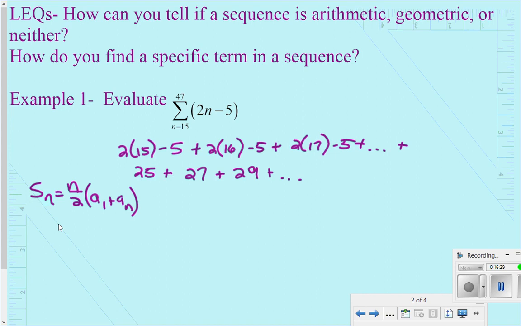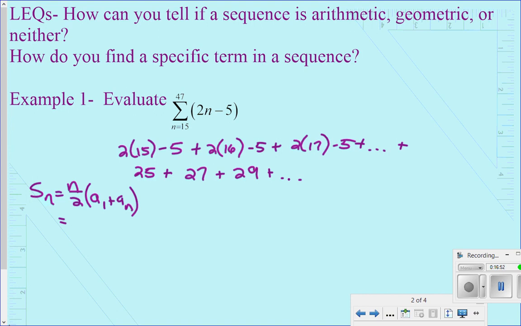So I know I'm going to use this formula, and this formula requires a couple things of me. It requires me, first of all, to know how many terms there are. So I need to figure that out. Now, be careful. Do not just look at the upper index and say 47. There are not 47 terms. Remember, the upper index is only the number of terms when the lower index is 1, which it's not here.